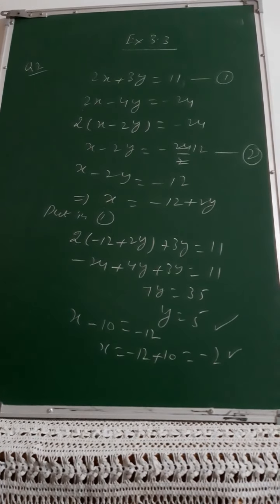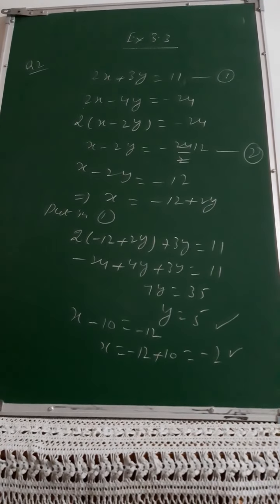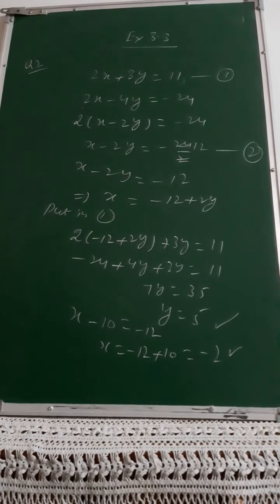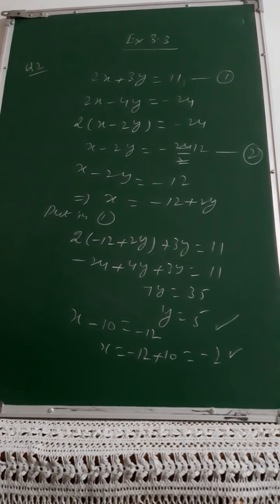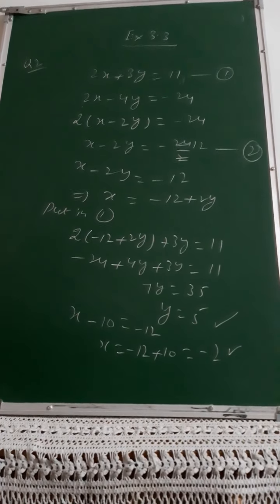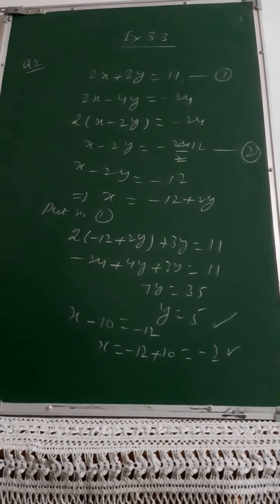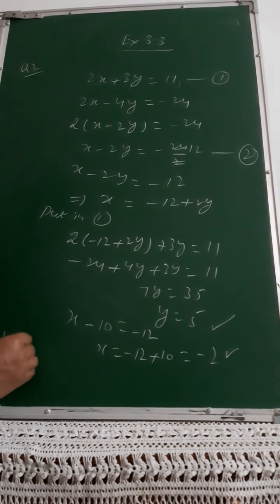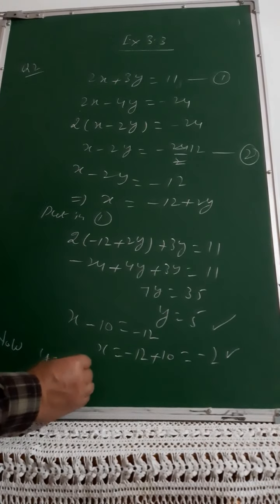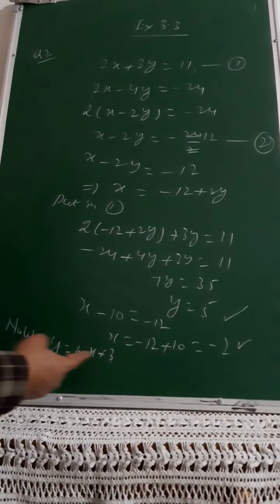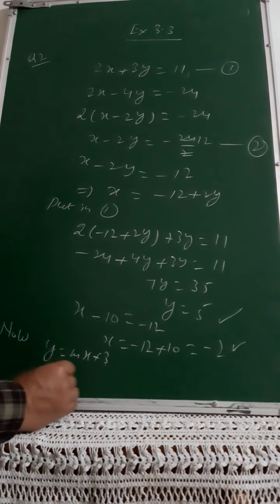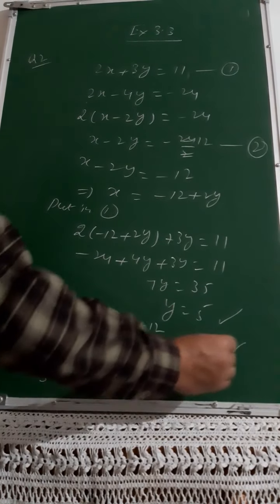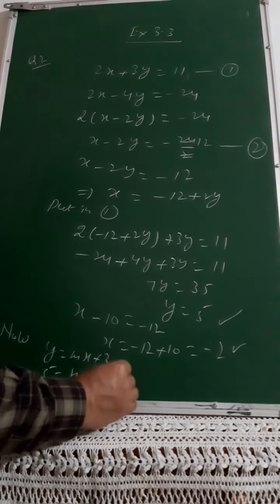That is from the verification point of view, whether you are getting the correct values at last or not. Then one more part is added to this, that is, and hence find the value of m for which y is equal to mx plus 3. So now at last you can do that. If it is given y is equal to mx plus 3 and you need to calculate the value of m, you substitute the value of y as 5, m I need to calculate, x I got is minus 2, plus 3.